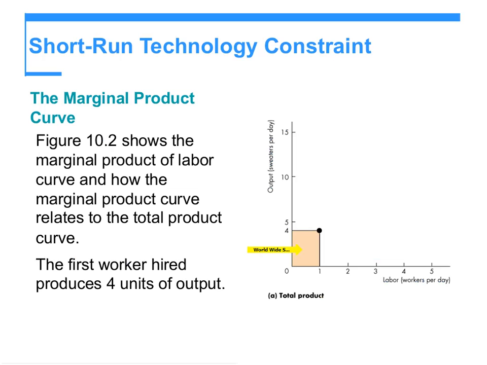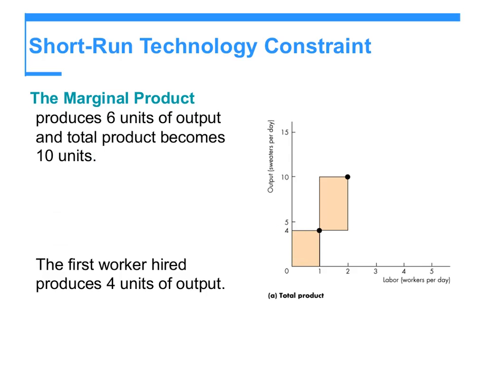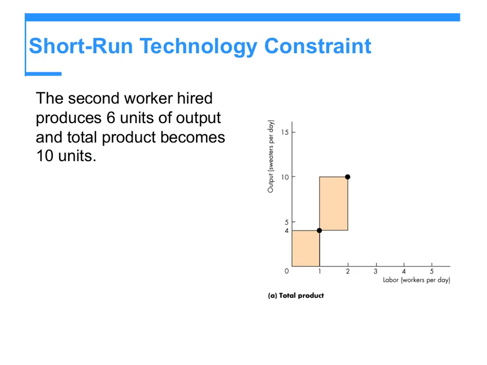Remember that we were saying that marginal product will be the amount of total product which is going to increase upon an increase in labor by 1. As you can see, the first labor will produce 4. But when you add 2 labor, your total production goes up to 10. You see, the second worker hired produced 6 units of output, and total product becomes 10.